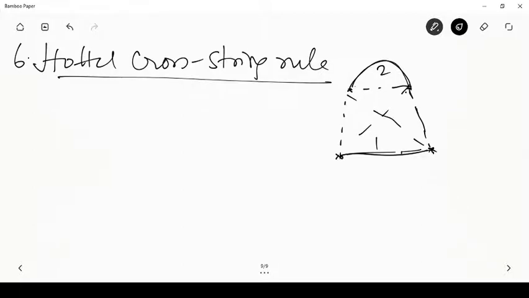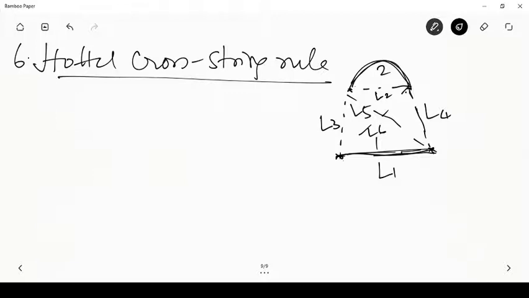Okay, so let us say this straight string has a length L1, this one has a length L2, this is L3, this is L4, and the two diagonals have L5 and L6. The cross-string rule gives you a method to find the view factor between surface 1 and surface 2, irrespective of whether they are convex, concave, or planar, by using stretched strings like this.